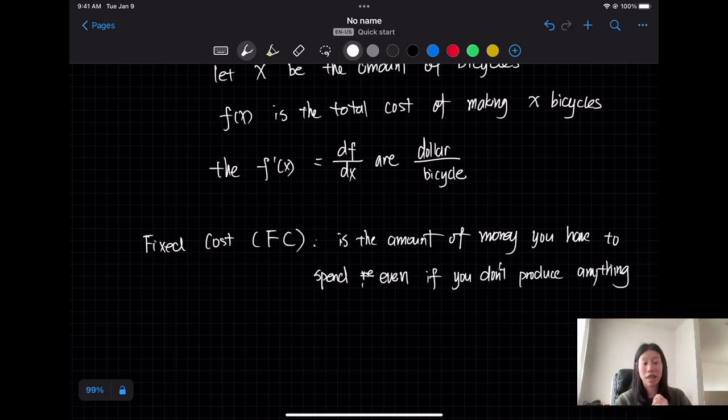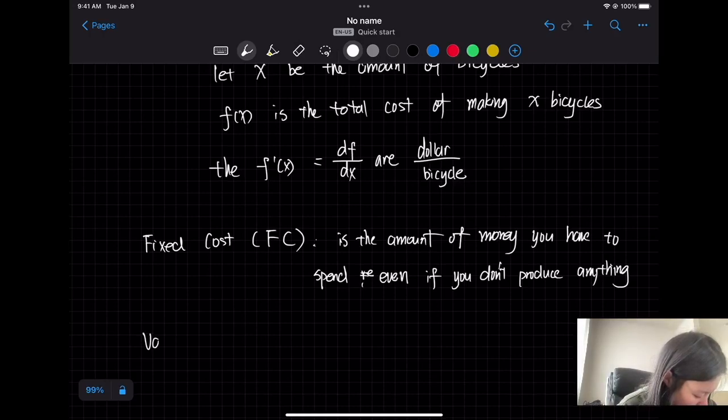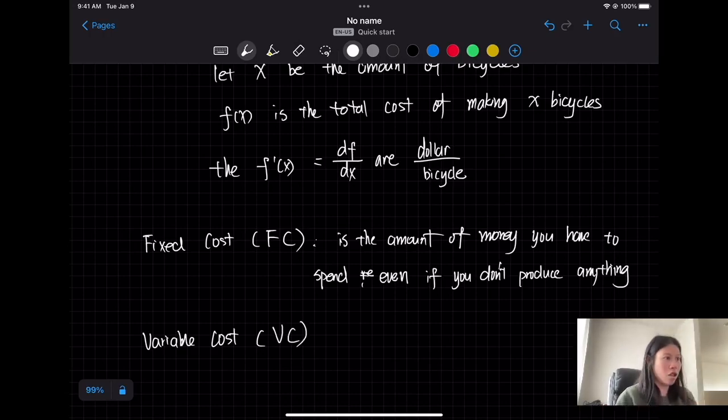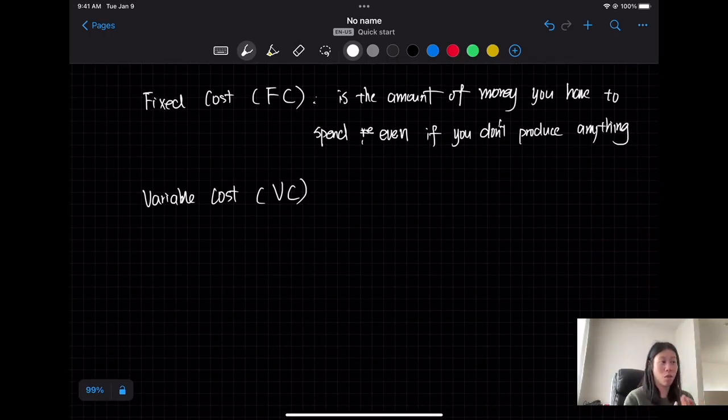Okay, so the second term is the variable cost. The variable cost depends on the number of items, like when you work for Starbucks, right?